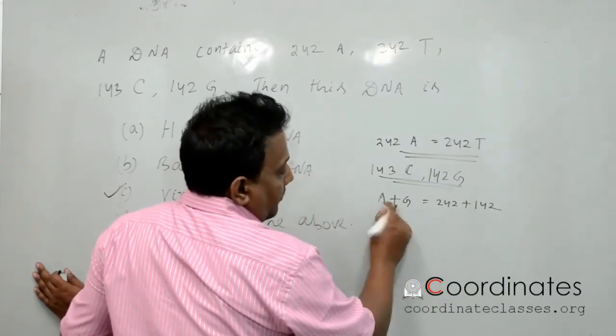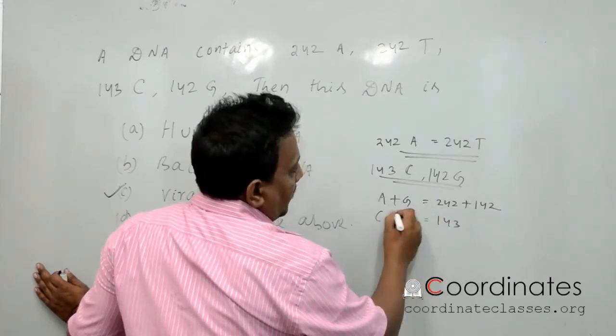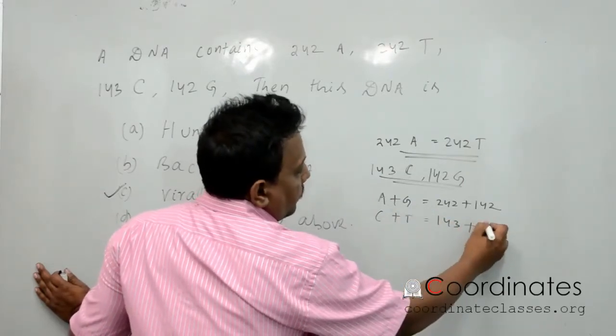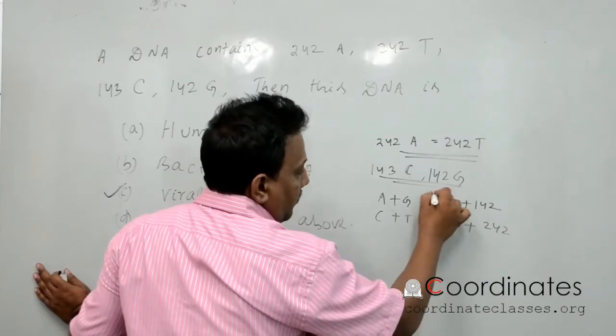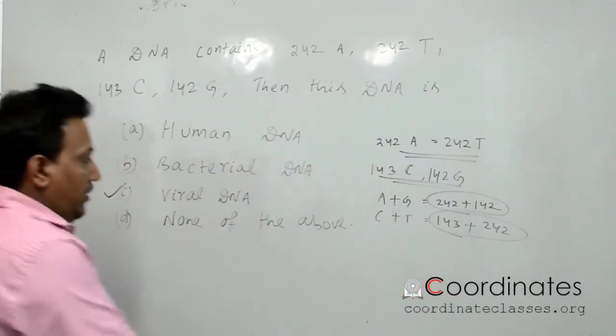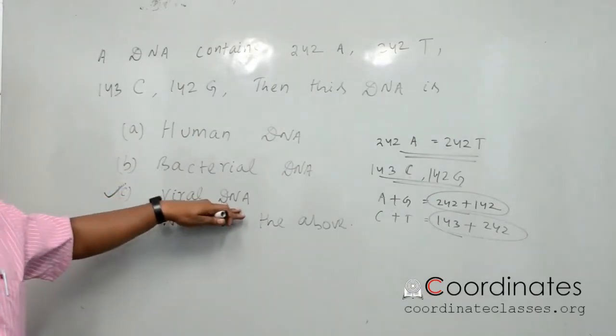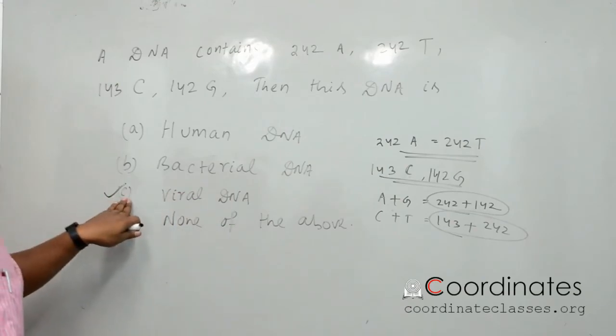Similarly, cytosine is 143, and thymine is 242. So the sums of these two are not equal. It means it is not a double stranded DNA, it is a single stranded DNA. And single stranded DNA is a characteristic feature of viruses only. So the answer is C.